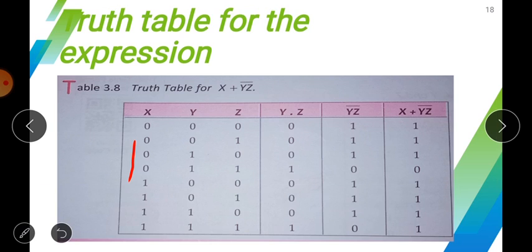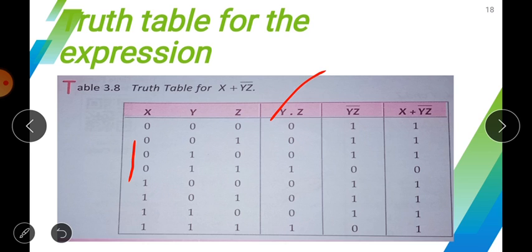Moving forward, 0 0 0 0, and again in the last row you can see that when all the inputs are true, the output is true. So this is the column in which you have calculated the AND operation between y and z. After that you will have to calculate the inverted operation, means the NOT operation on the y and z column.